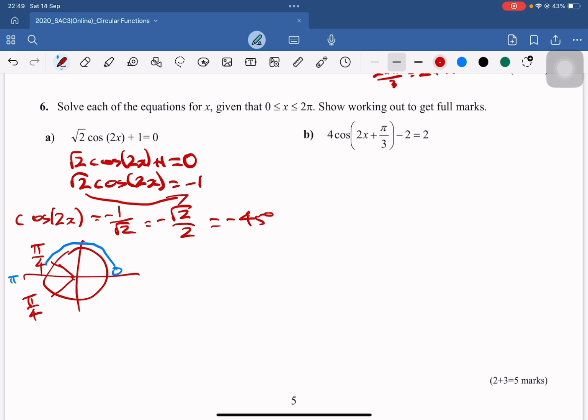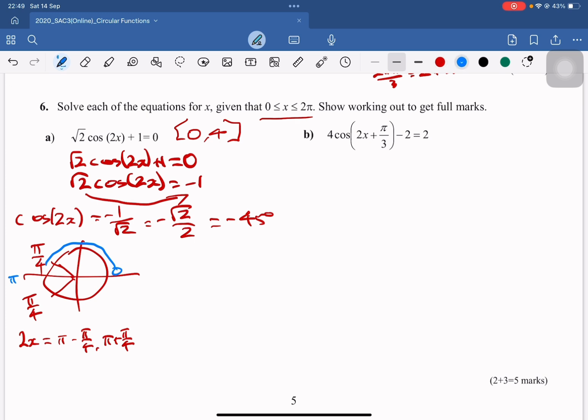So also, I should note that the domain, it changes because of the coefficient of x. So the new domain for this equation would actually be 0 all the way to 4 pi. So we get 4 answers in this equation. So we get 2x equals pi minus pi on 4 and pi plus pi on 4.